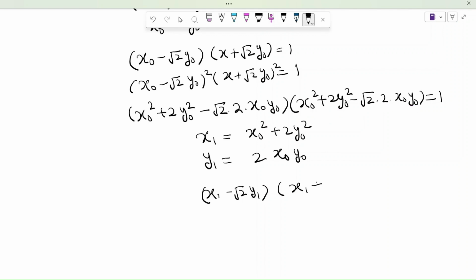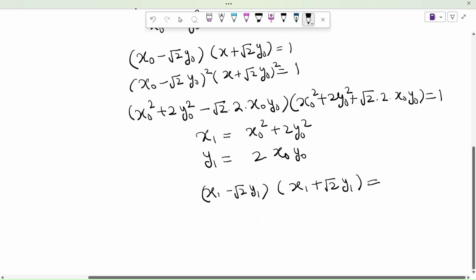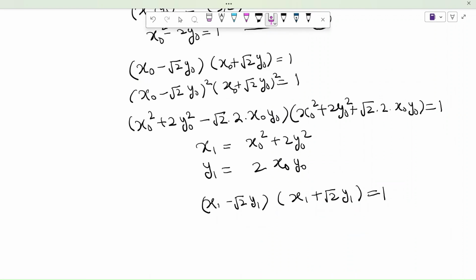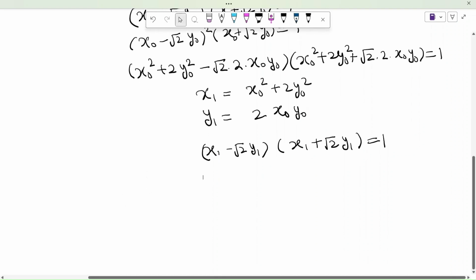Doesn't this look exactly the same as this one? It just looks like we have replaced x0 with x1. So that means x1 is a solution. Let's see if it works. From here we can calculate x1 and y1 and see if it works.